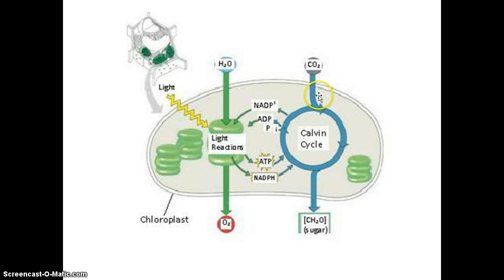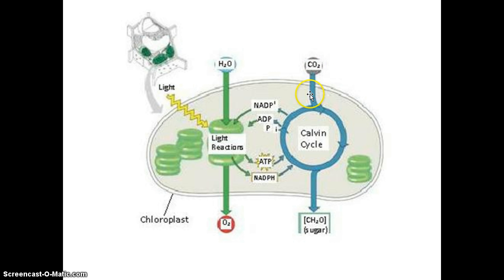Once we use the ATP and NADPH in the Calvin cycle, we know that when ATP gives up its energy, it turns into ADP. When NADPH gives off its electrons, it turns into NADP+. And that will shuttle back into the light reactions, into the thylakoids, where we can make ATP and NADPH again. The Calvin cycle doesn't need light, but it does need CO2.